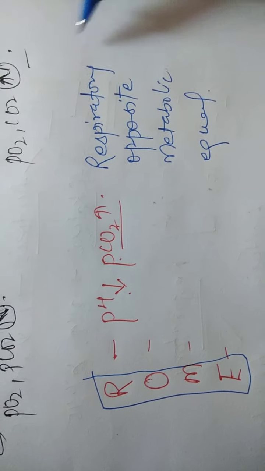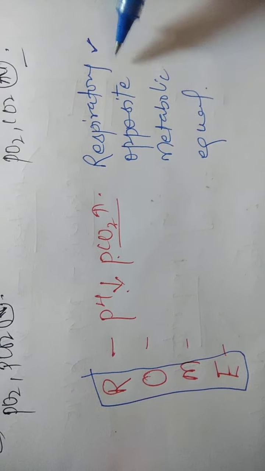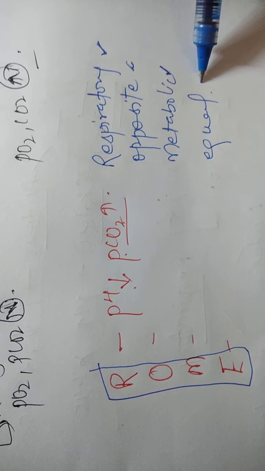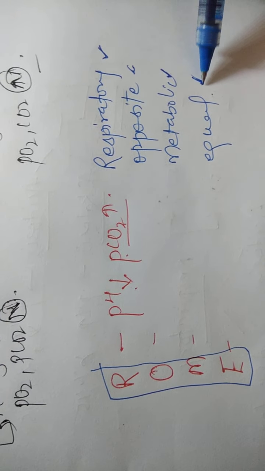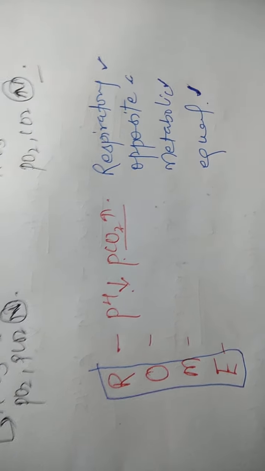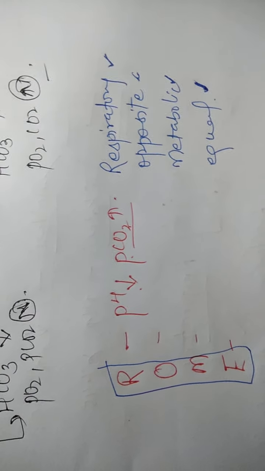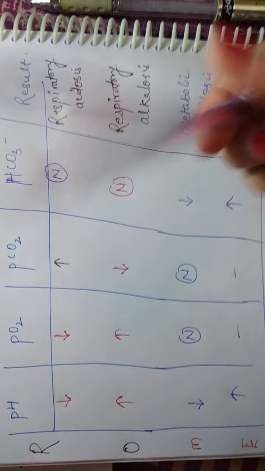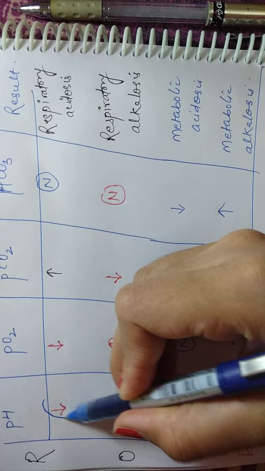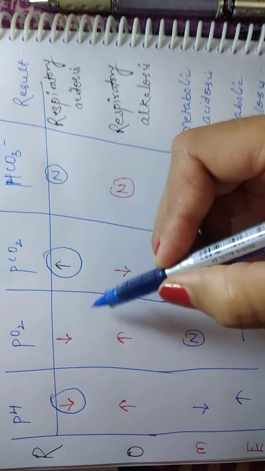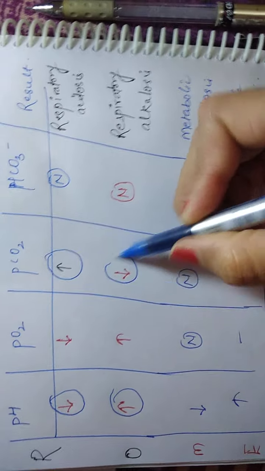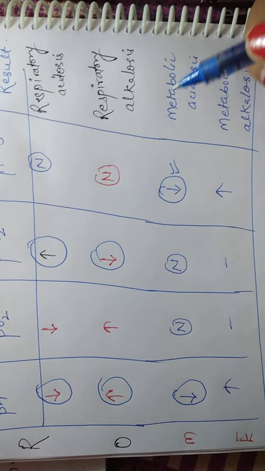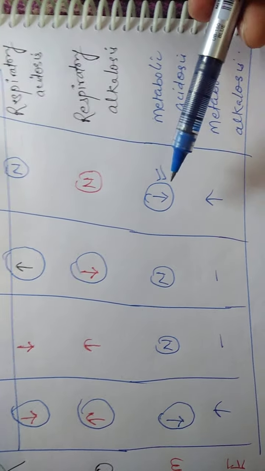That means in respiratory, the pH and PCO2 values are opposite to each other, while in metabolic, the pH and HCO3 ion are directly proportional to each other. So we will form a table. This is the interpretation, that is ROME: in respiratory, the pH and PCO2 are opposite to each other, while in metabolic, the pH and the bicarbonate ion are equal to each other. That means they are directly proportional to each other.